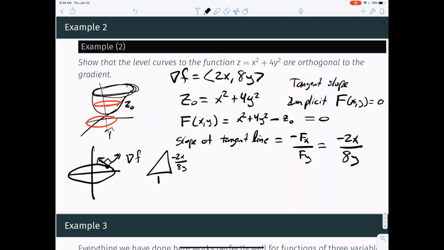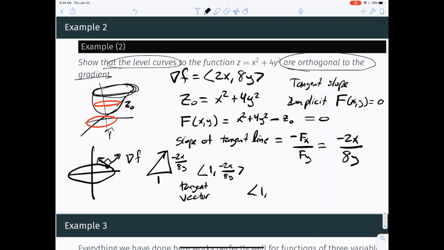So this vector would be 1, negative 2x over 8y. That would be the tangent vector. And what the question says is prove that that tangent vector to the level curve is orthogonal to the gradient. So let's try that. What's 1, negative 2x over 8y dotted with 2x comma 8y?